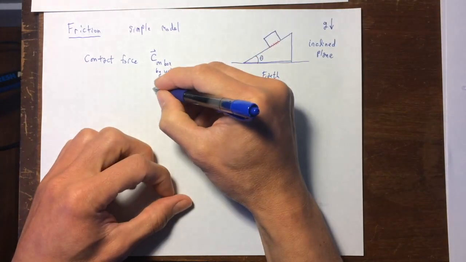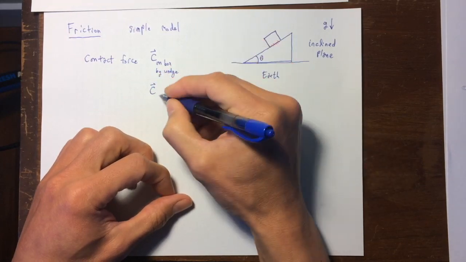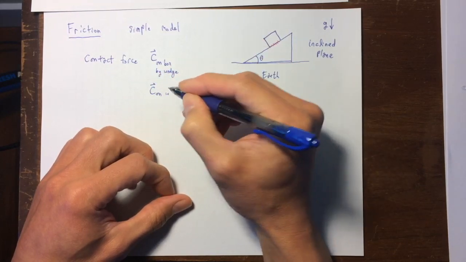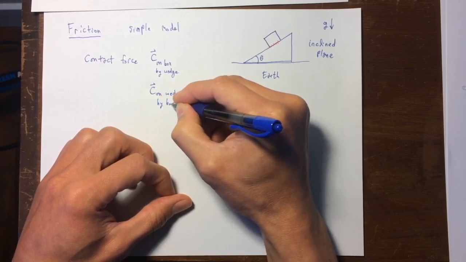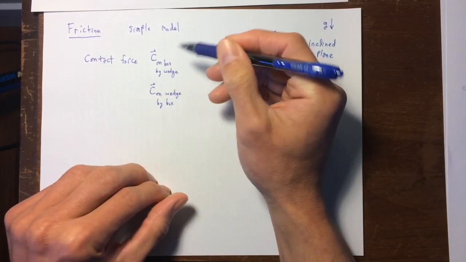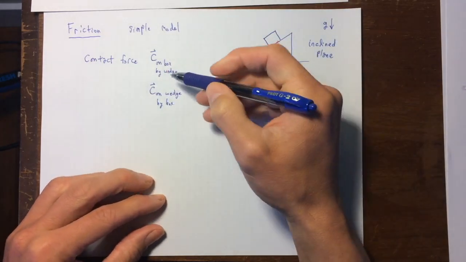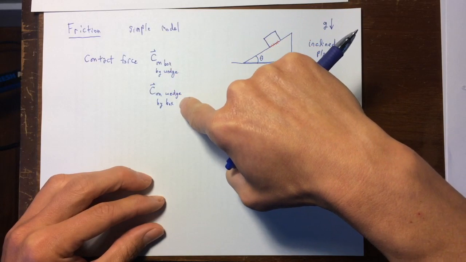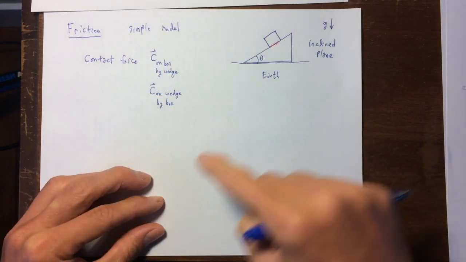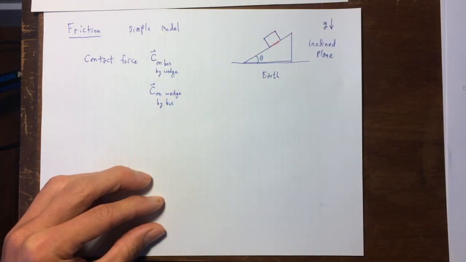But we could also study the Newton's third law pair force, which is on the wedge by the box. These two are equal but opposite forces. They are action and reaction in the contact interaction between these two objects.